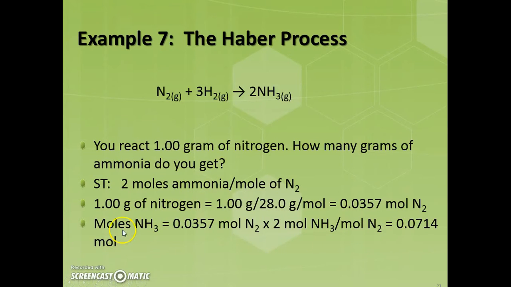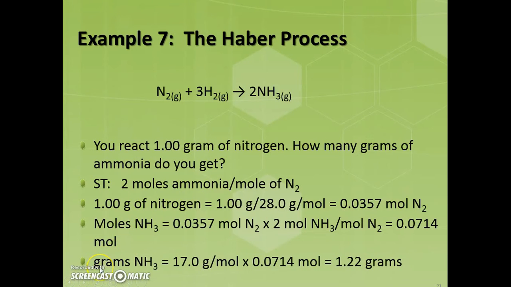And of course, we're asked for grams of ammonia, so we need to convert back using the molar mass of ammonia. So we multiply 17 grams per mole times 0.0714 moles equals 1.22 grams of ammonia. So if we react 1 gram of nitrogen, we will get 1.22 grams of ammonia.